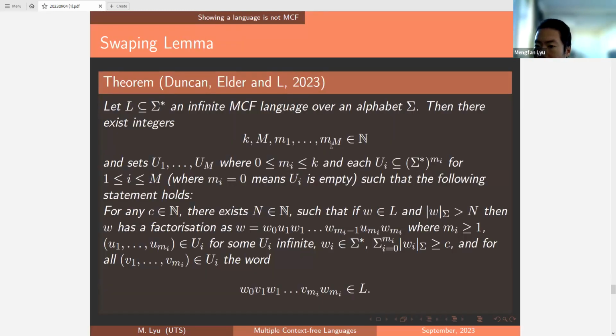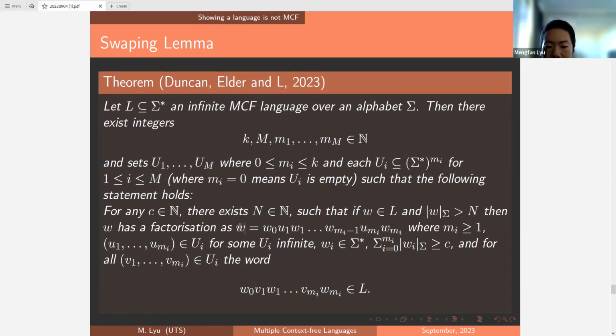And then our job is to do another way. Roughly speaking, instead of pumping, we use some part to swap the u parts.